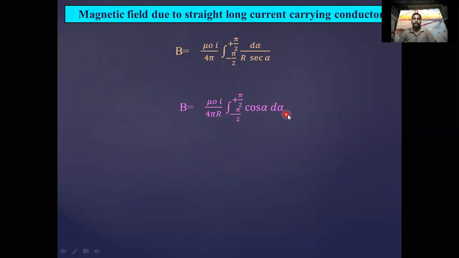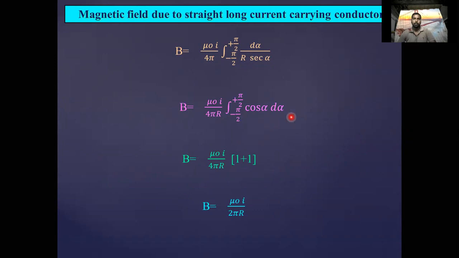Integral cos alpha d alpha is equal to sin alpha. We have to apply the limits: lower limit minus pi by 2, upper limit plus pi by 2.